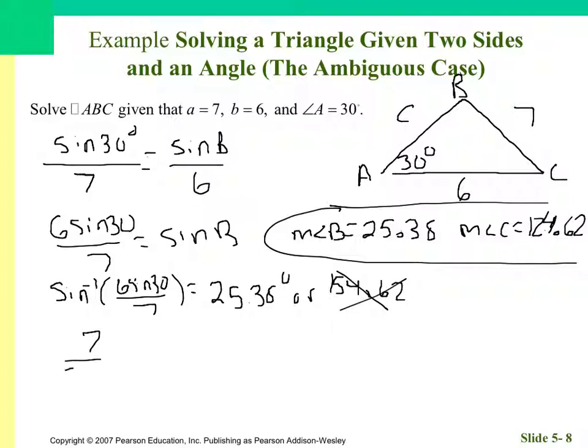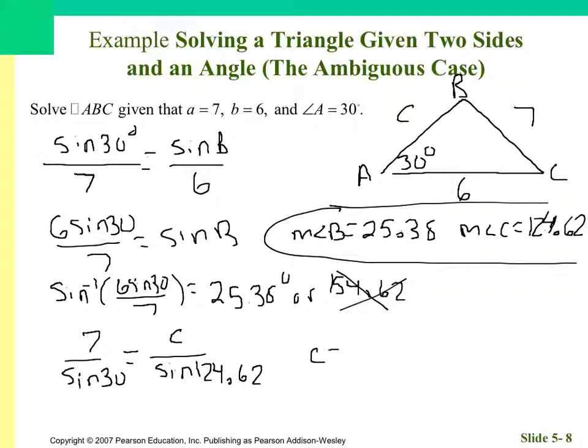So I would do 7 over the sine of 30 equals c over the sine of 124.62. So 7 divided by the sine of 30 times the sine of 124.62.